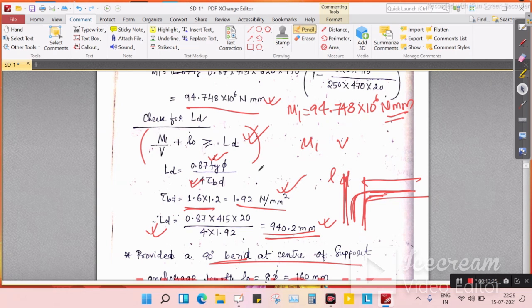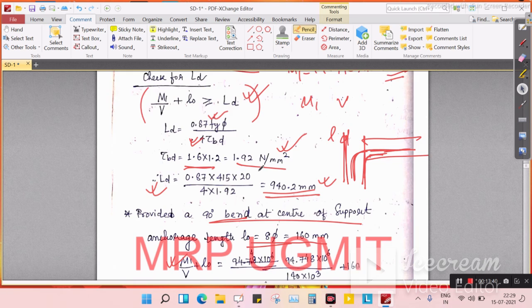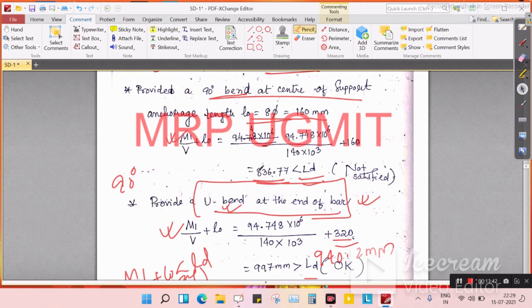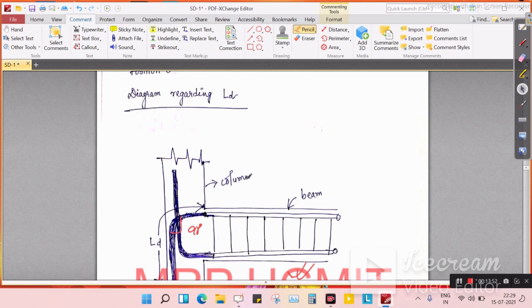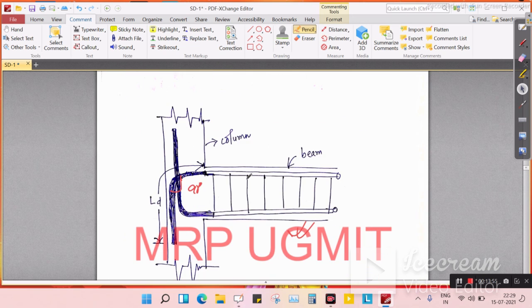We have to assume a bend, provide a bend and check whether M1 by V plus L0 is greater than LD. If that is not greater, then we have to change the bend style. If we have provided 90 degree, we have to provide U bend and check again. If that is satisfied, that is okay, and as per that condition, we have to provide our bending in the design process. Okay, thank you.